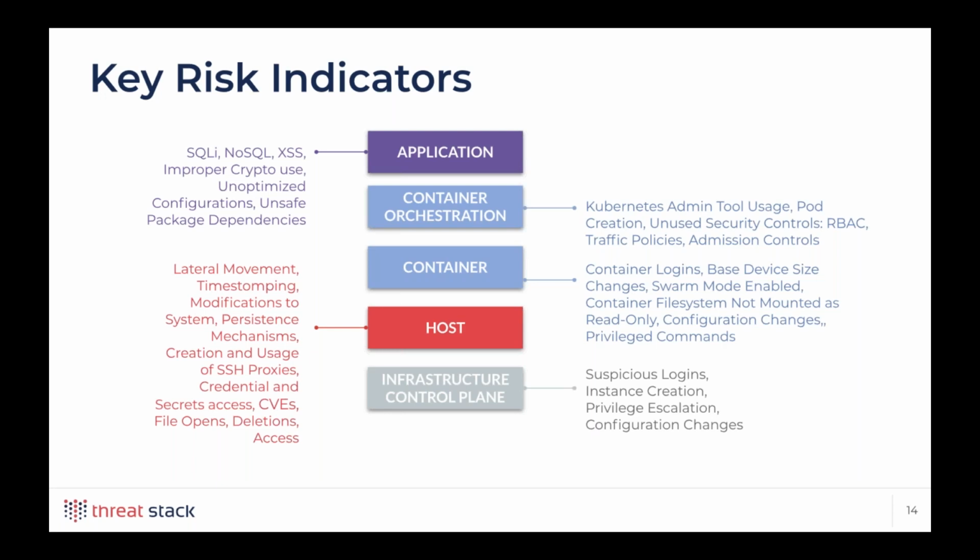So you definitely want to look for lateral movement, attempts to hide activity using time stomping, and modification to things like, and access to, secrets files through file integrity monitoring, file opens, deletions, even access to files. These are all indicators of an active attack or someone who's looking to establish persistence and move around your infrastructure.